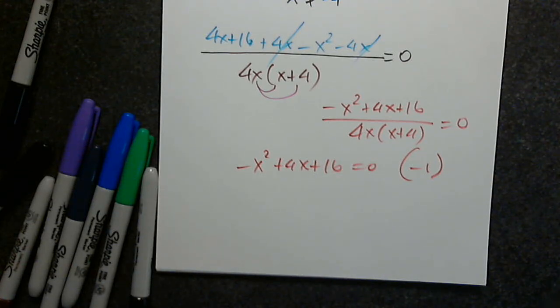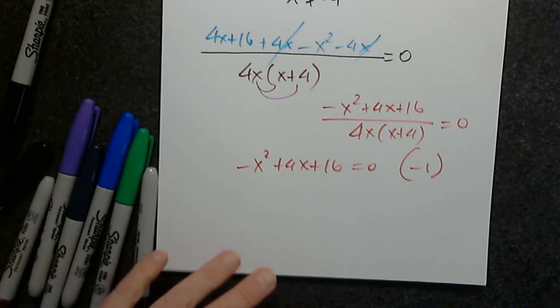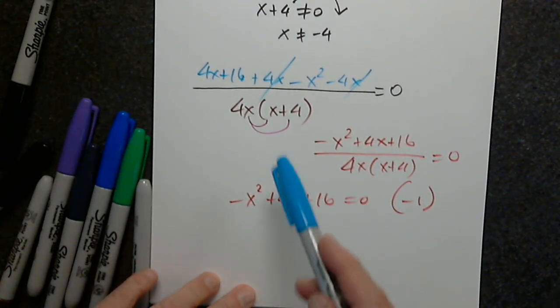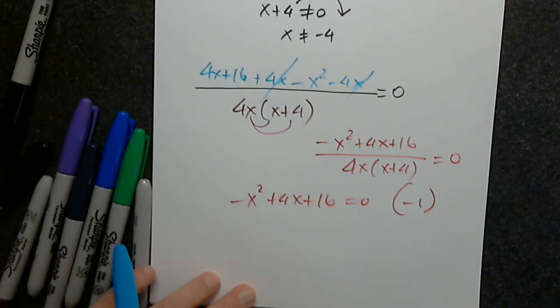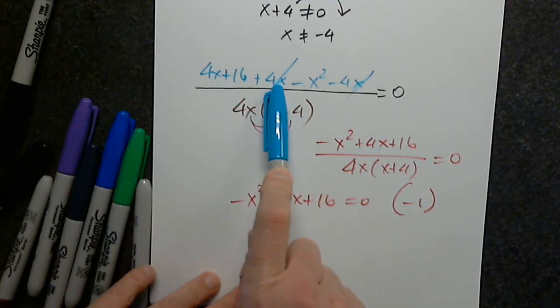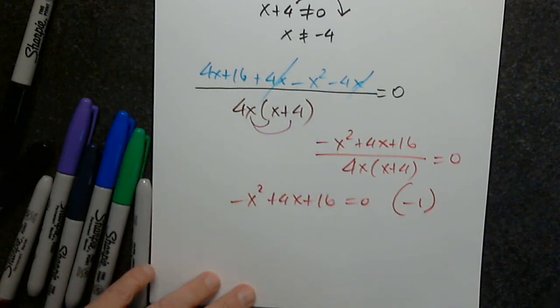Is this okay so far? Yes? How did you get to the quadratic by itself? I copied negative x squared, I copied 4x, and I copied 16. And then how did you get rid of the denominator? 4 apples. You have 4 apples, you give them to me. The denominator is in red, and then below it's just a quadratic.